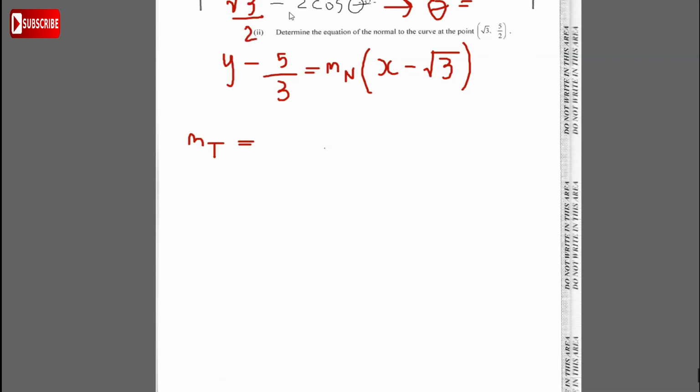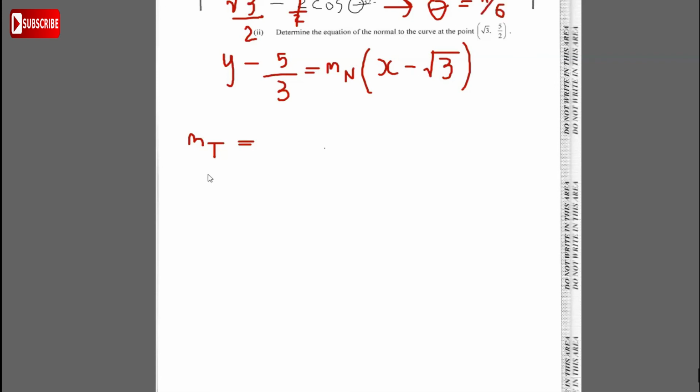That will give you cos theta is root 3 over 2. For cos theta to be root 3 over 2, theta must be, is that 60? Cos of 60? No, the cos of 30. So theta is pi by 6.